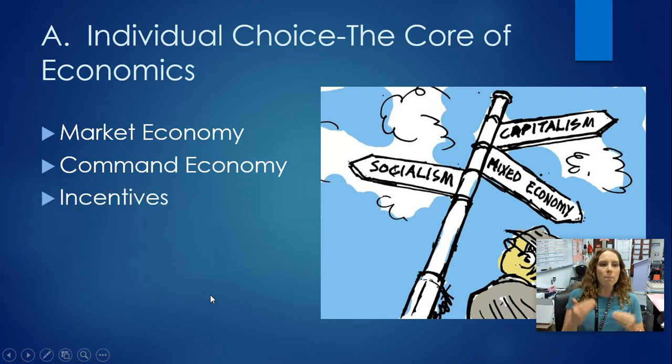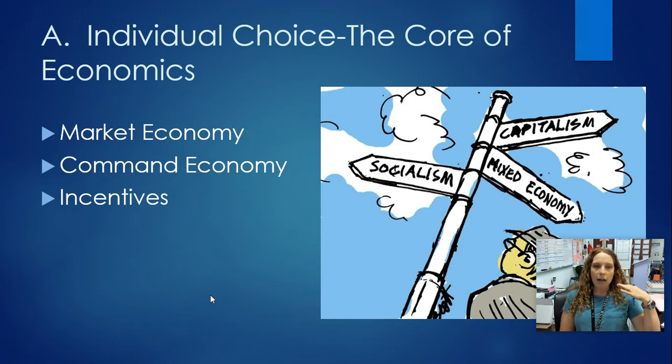Let's talk about, obviously the big difference is who controls it, but another big difference between a market economy and a command economy are incentives. Incentives are simply the rewards and the punishments. You're incentivized to produce something if you're going to get some kind of reward from it, profit, notoriety, money, that kind of thing.